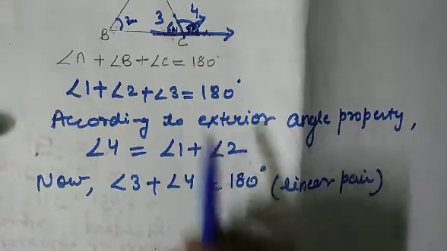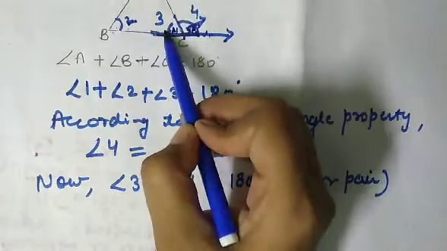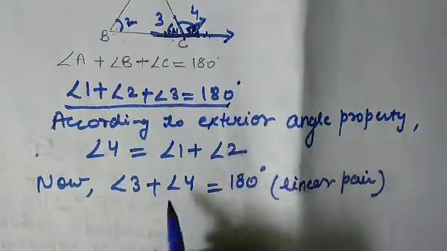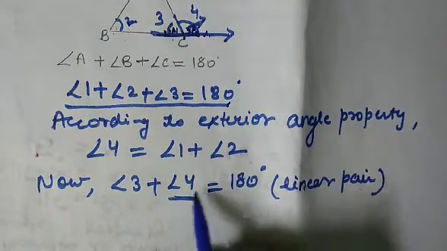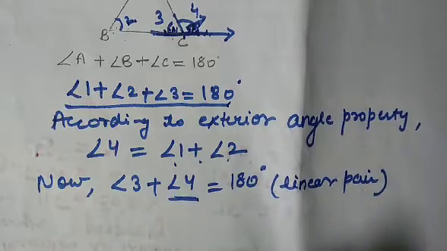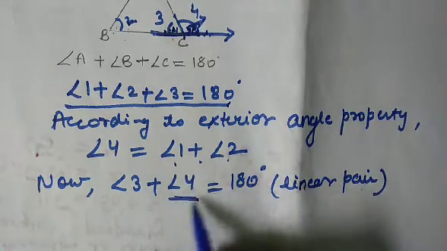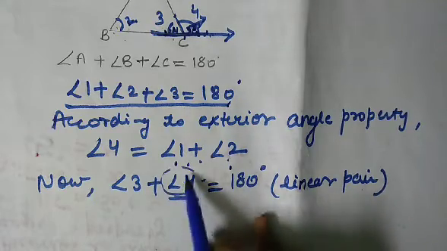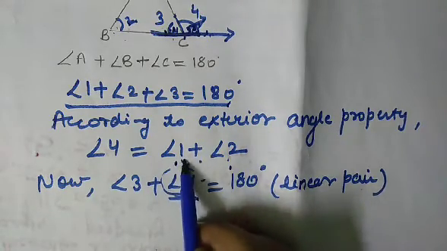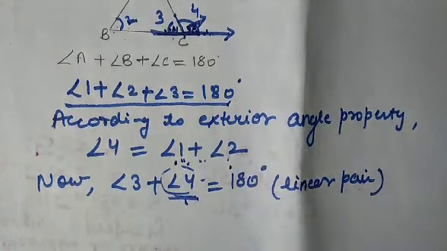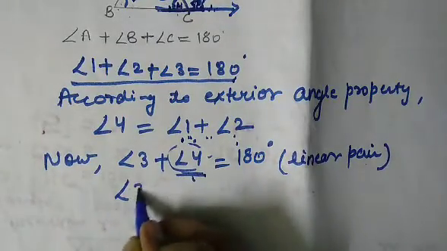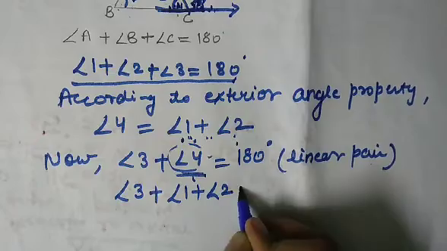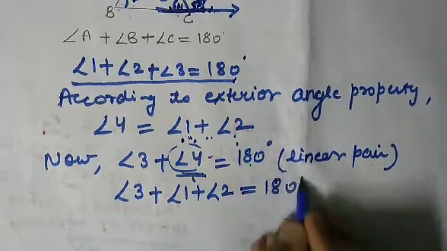Now I want angles 1, 2 and 3, because I need to prove this. So in place of 4, can I write angle 1 plus 2? Because angle 4 is equal to angle 1 plus 2. So in place of angle 4, I am writing angle 1 plus angle 2, and angle 3 will remain the same.